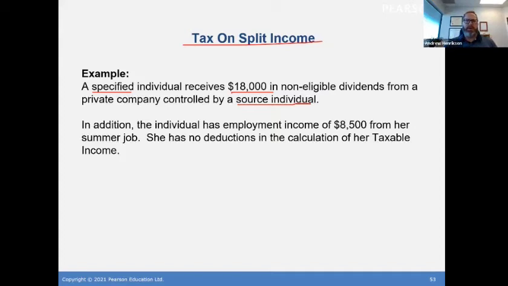Then we're trying to decide, does that income got to come back to the source individual, or is it okay to stay with the specified individual? Now, it goes on to say, in addition, the specified individual has employment income of $8,500 from her summer job. She has no deductions in the calculation of her taxable income.